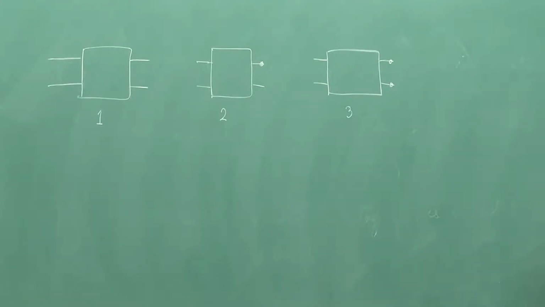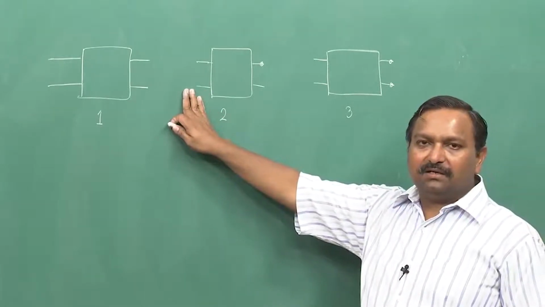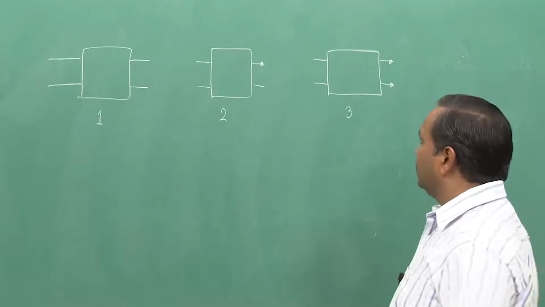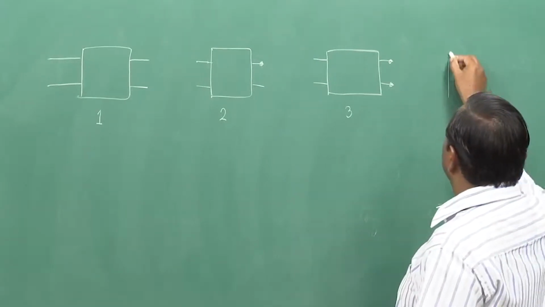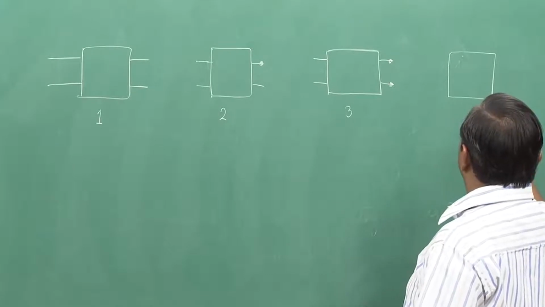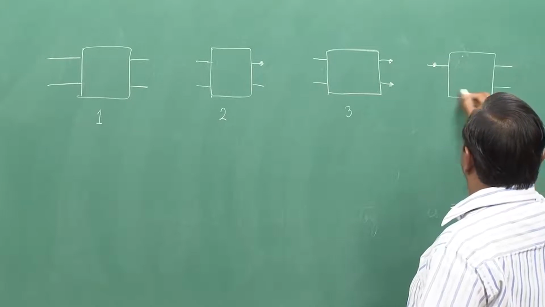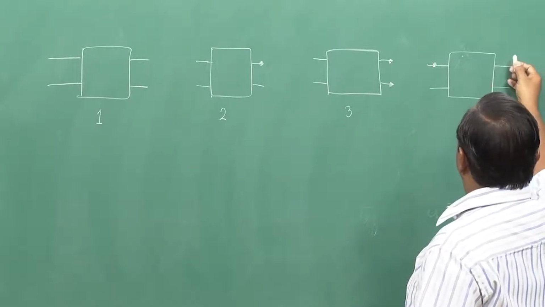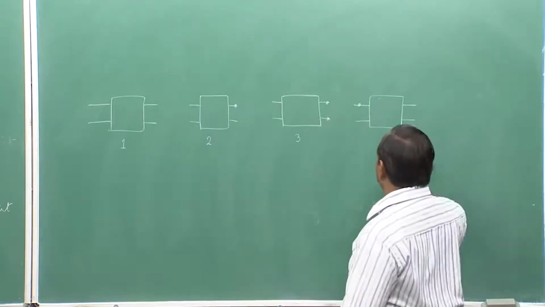Now I have exhausted all the possibilities with no packets at the input buffers; I only considered the output side. Now let us consider one packet at the input buffer. With one packet at the input buffer and no packet at the output buffer, I also have to give a direction.